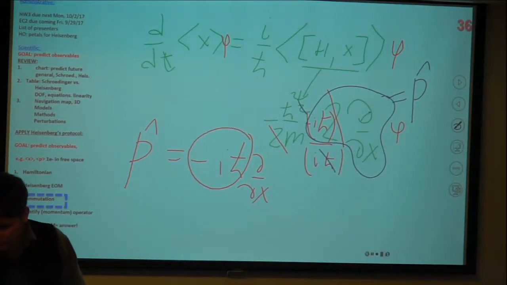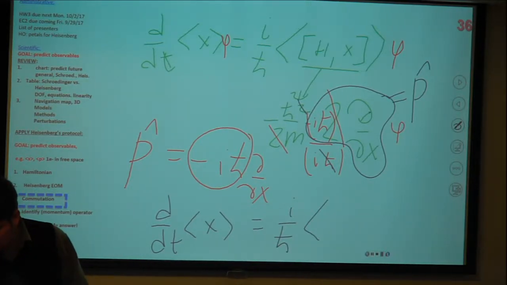And then we will see that d dt of x plus i h bar here, h bar over i m, p operator.